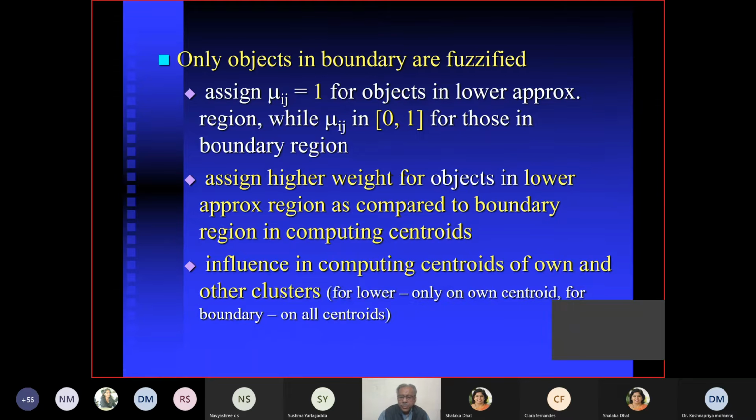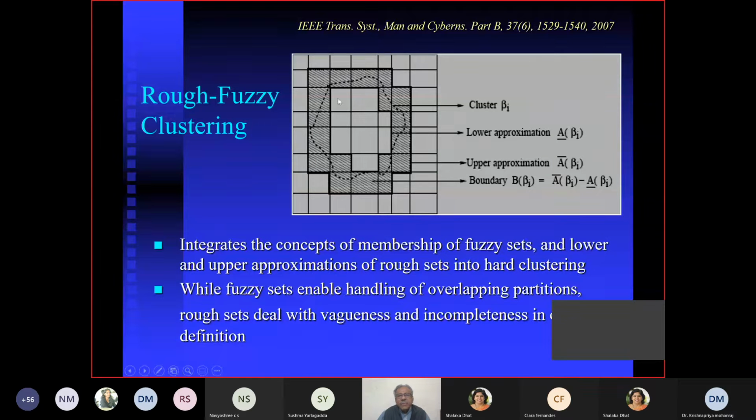So for a lower approximation, I give membership value 1 for this cluster. No fuzziness, because I deliberately design them as lower approximation; I only put membership value as 0 or 1.